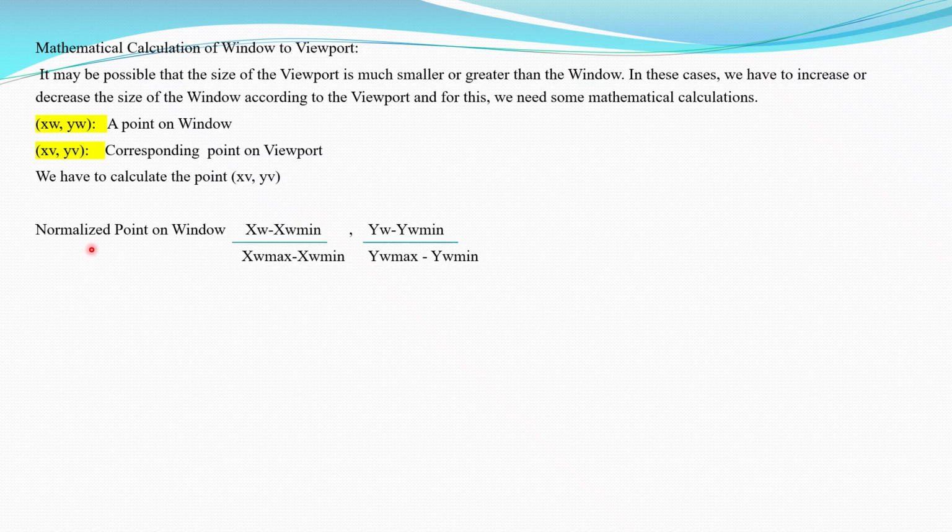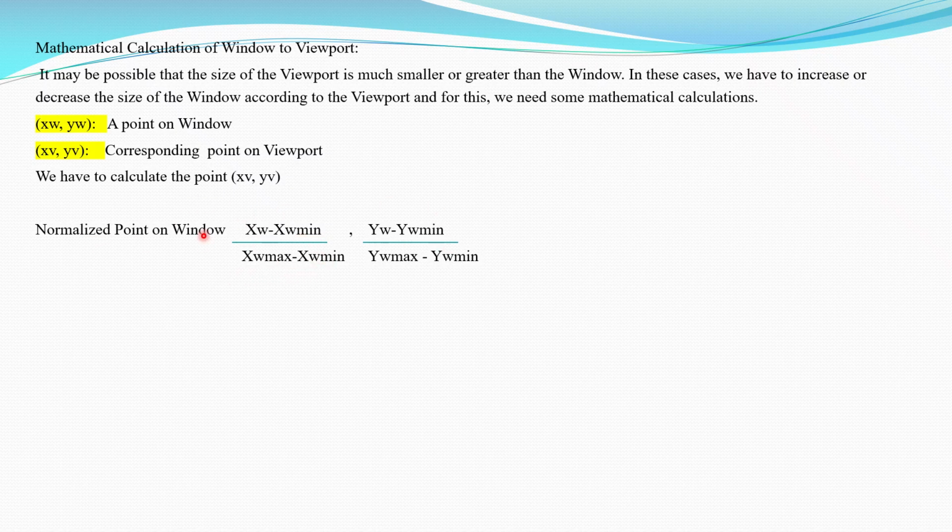So the normalized point on a window on the x-axis is xw minus xw min, divided by xw max minus xw min.